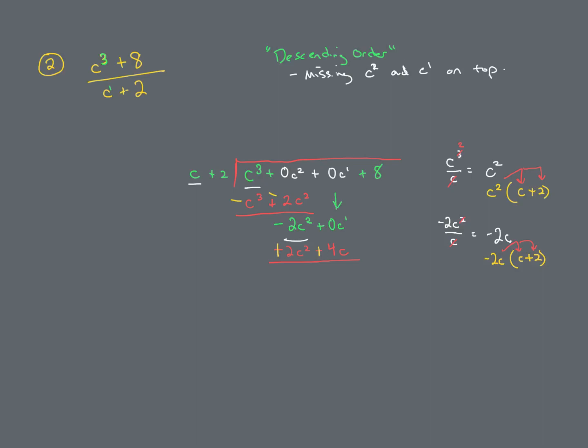Negative 2c squared, positive 2c squared, that's just 0. And then 0c to the first plus 4c to the first, it's just 4c. And then bringing down the 8. Next, still dividing 4c and c. 4c divided by c. The c's cancel there. And we're just left with 4. 4 times c plus 2.